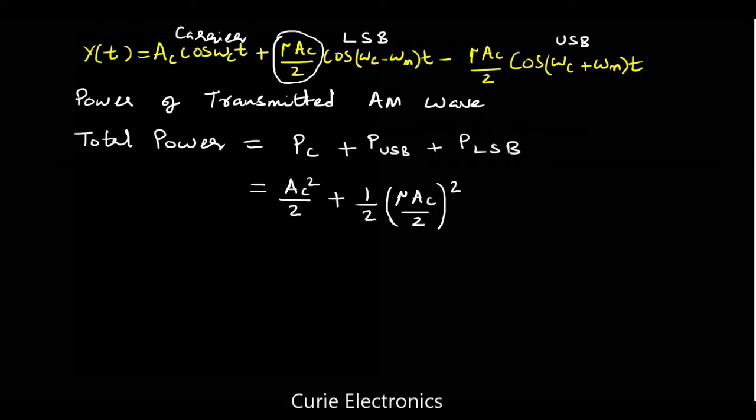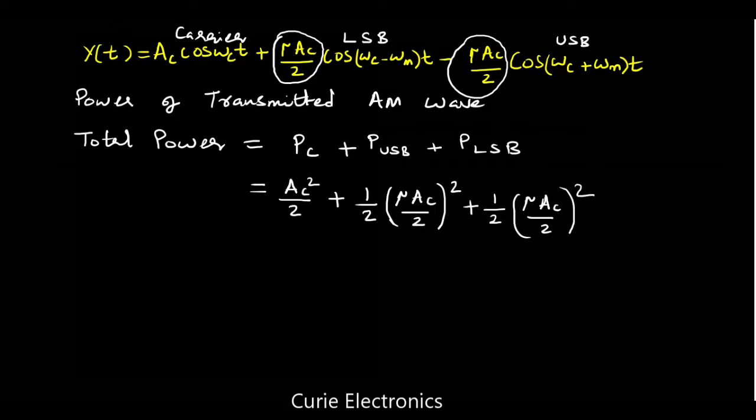Now plus, for the upper sideband, we also take 1 by 2 of the amplitude square, so 1 by 2 multiplied by mu Ac upon 2 whole square.